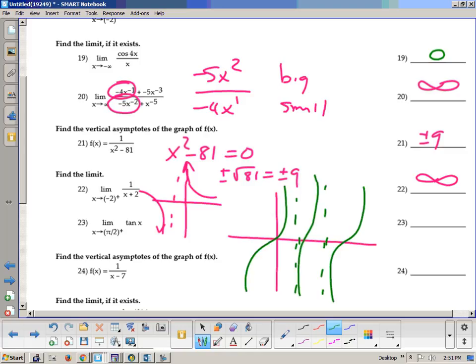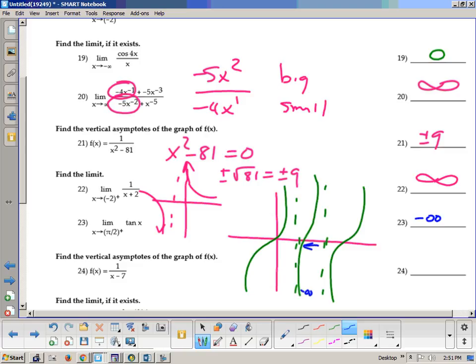I believe I'm drawing this right. And the right side of 90 degrees would be this side. It's going to -infinity.